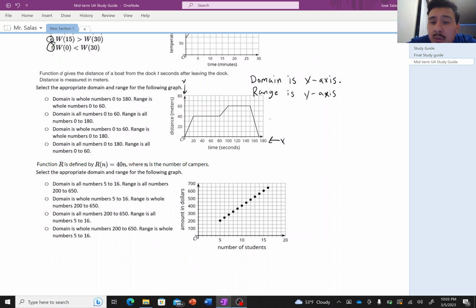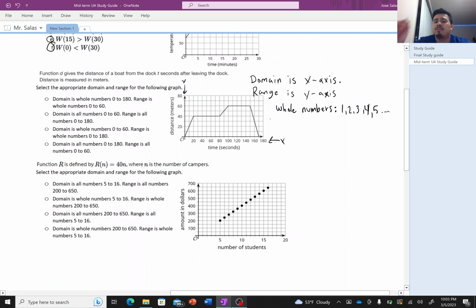So it's only those numbers. Let me write it out on the side. Whole numbers are like 1, 2, 3, 4, 5, etc. The numbers keep going, right?